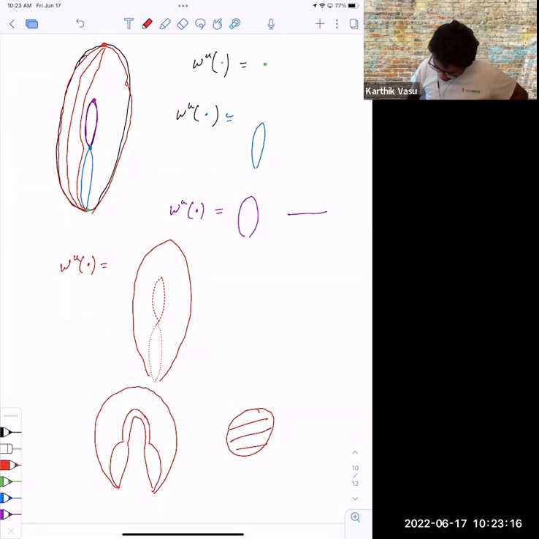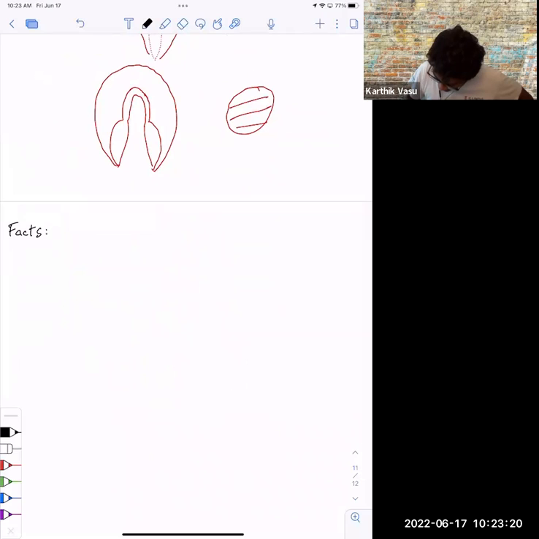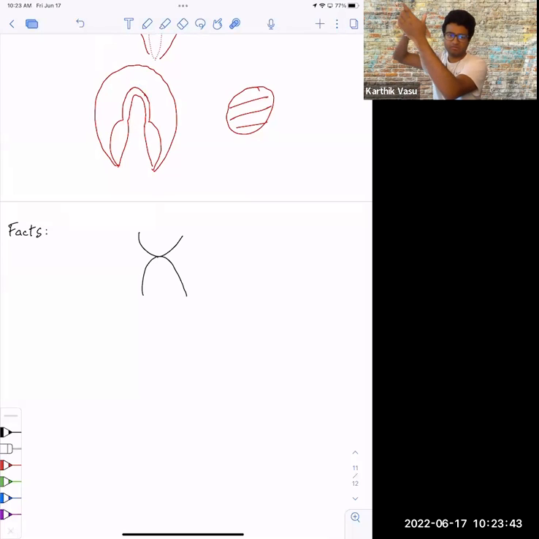I guess I'll draw a picture. A saddle will look like something like this, right? I don't know how to draw a saddle properly, but near a saddle, you will have something which is like a U going up and an orthogonal U going down.